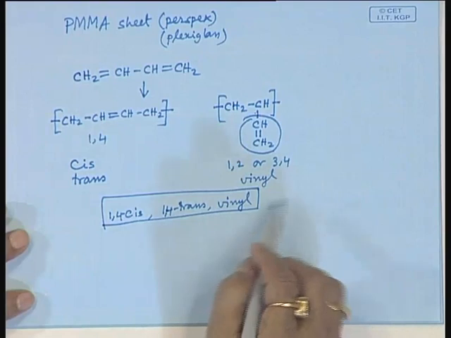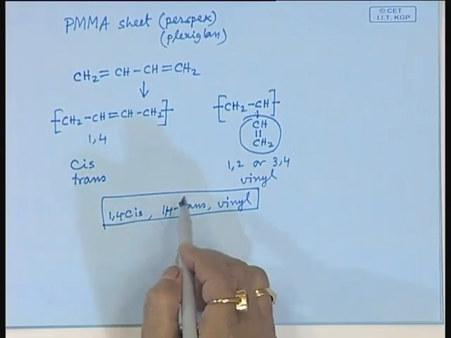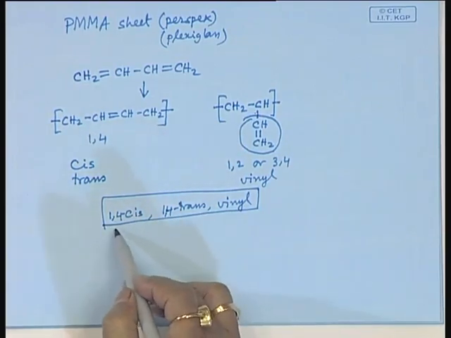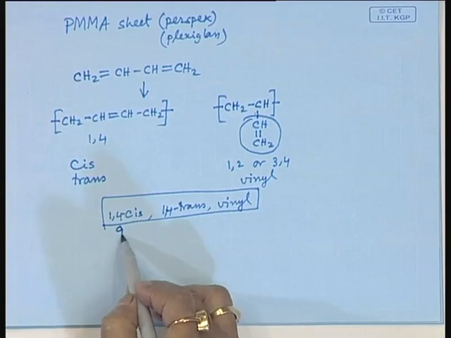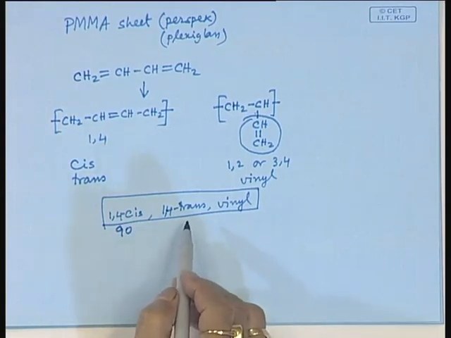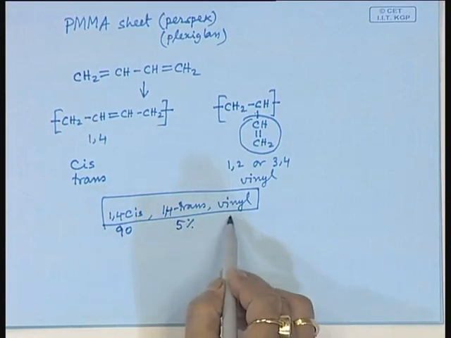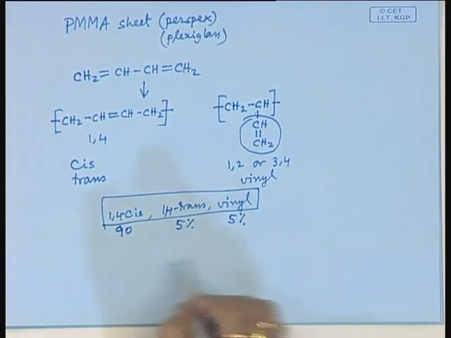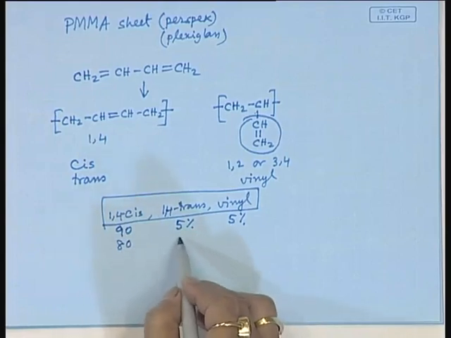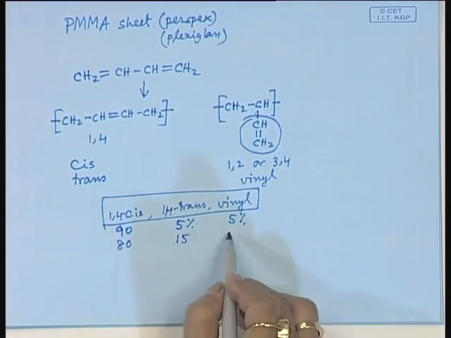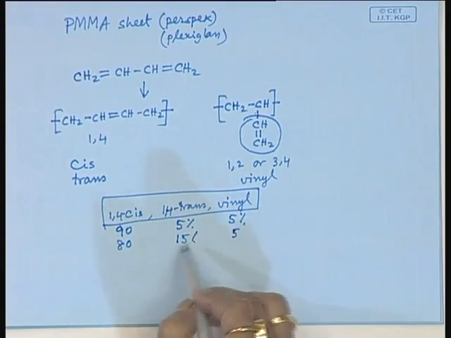Now, this composition may be, suppose, 90%, 5%, 5%, or it may be 80%, 15%, 5%, like this.